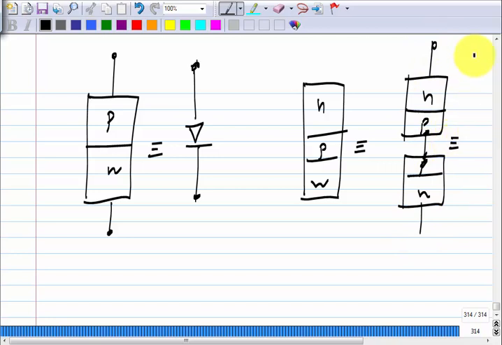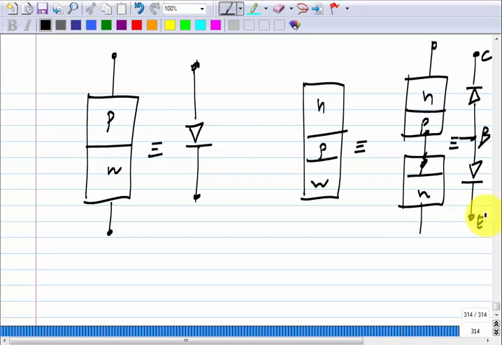So, this is the same as having two diodes, collector, base, emitter. Is this correct? Yeah? Why not?